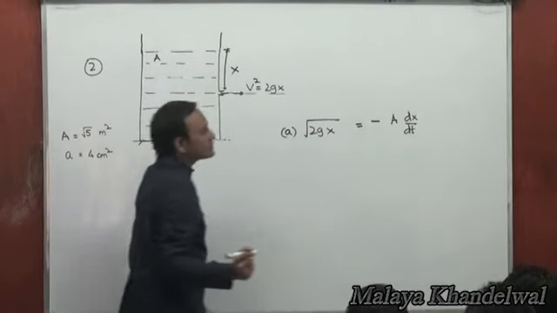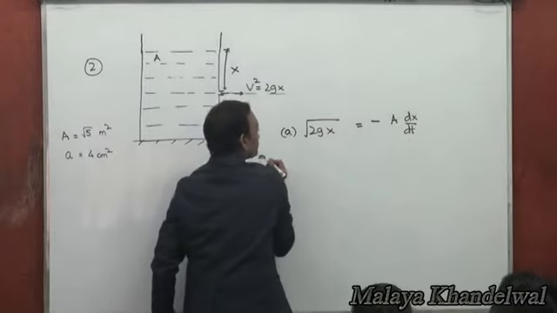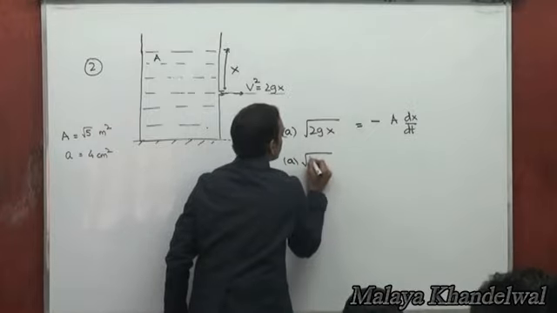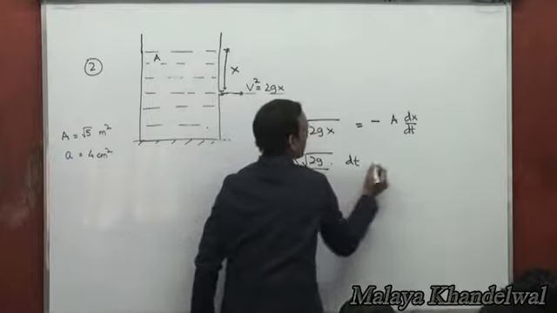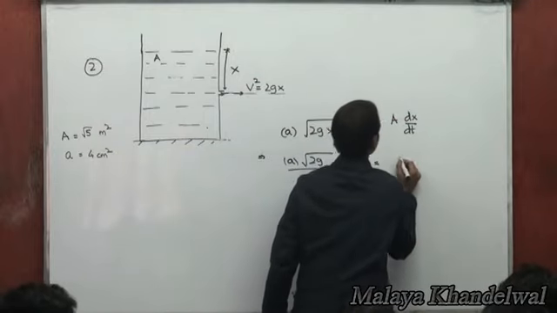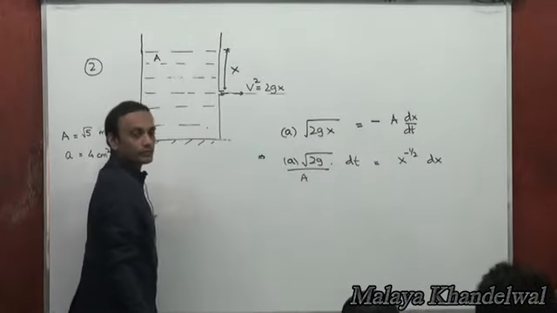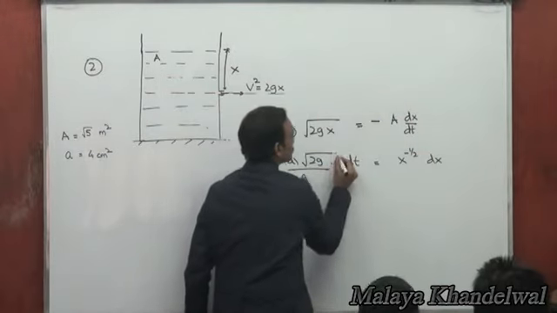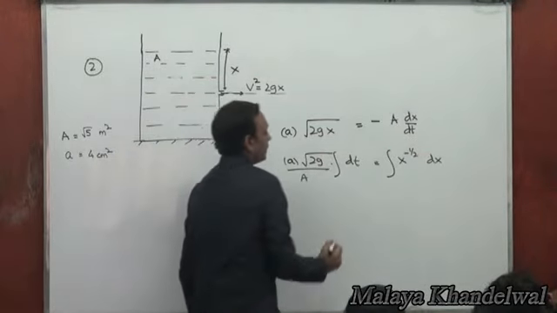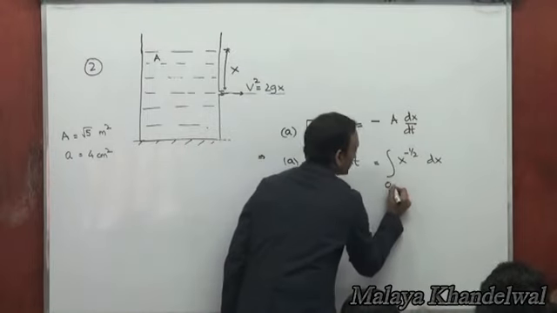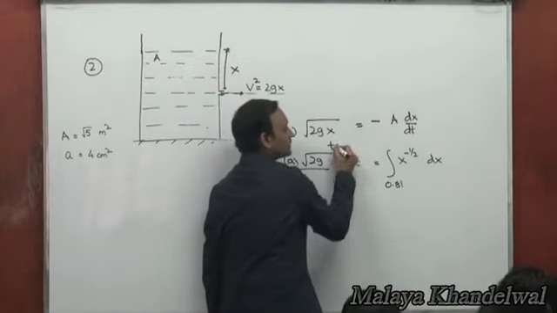Which means I get a root 2g into dt by capital A is minus x to the power minus half dx, and then all that you need to do is to integrate both sides, right? At time t equal to 0, x was 0.81 meters. We need to find the time t in which x becomes 0.25.